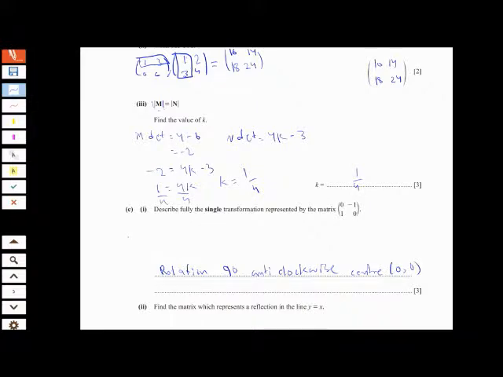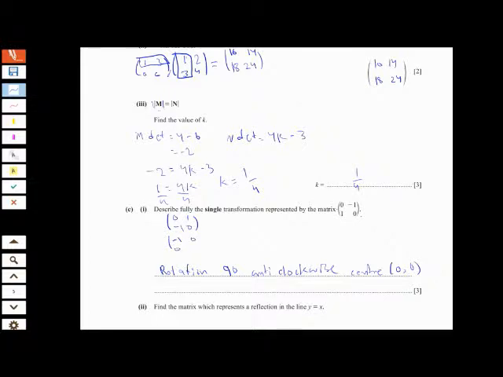For this one, (0, -1; 1, 0), it means a rotation 90 degrees anticlockwise, center (0, 0). Let me write all the matrices for the rotation. (0, 1; -1, 0), and the other one is (-1, 0; 0, -1).